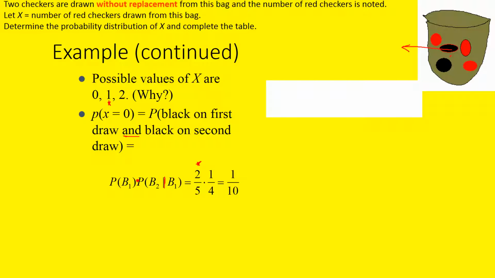That leaves 4 checkers remaining, 4 possible outcomes for this second probability, and only 1 success left in the bag, only 1 black checker. Well, you multiply these fractions and you get 1/10 for the probability of 0. And so that's going to go into our probability distribution. That's going to be a row, x equals 0, and the probability of x equals 1/10.